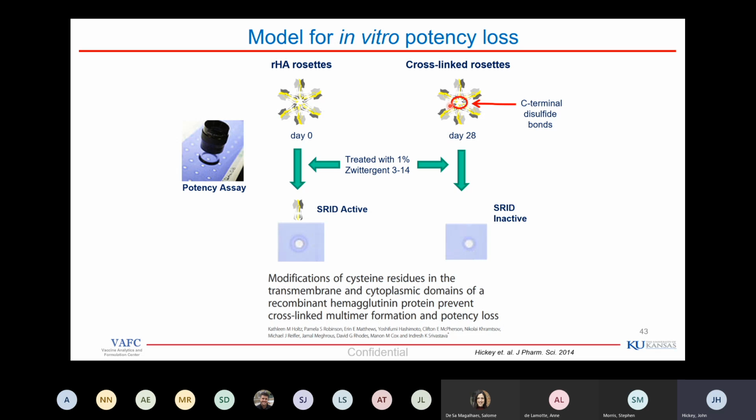However, over time, these disulfides form in the cytosolic and transmembrane domains, which prevents the dispersion from the detergent. And so it appears that the SHRID is inactive. Subsequent studies by Protein Science, where they mutated various cysteines in the transmembrane and cytosolic domains, were able to show that if you substitute these cysteines to serines, you can essentially abolish this SHRID potency loss.